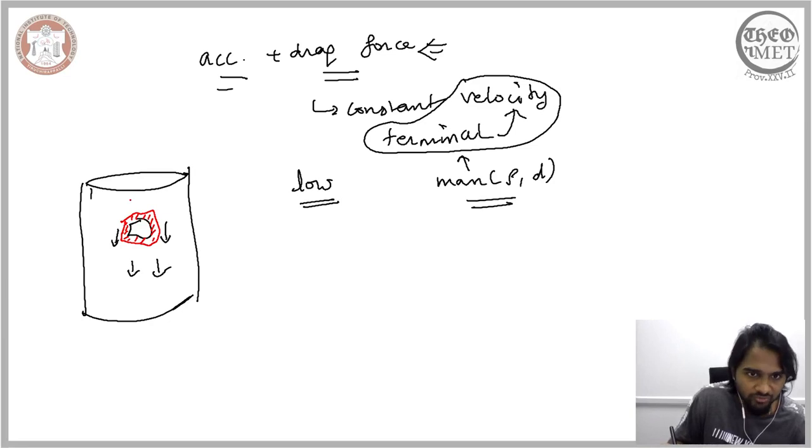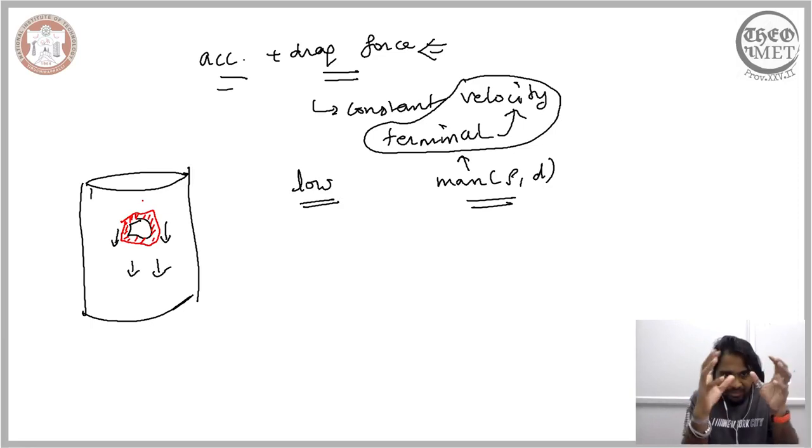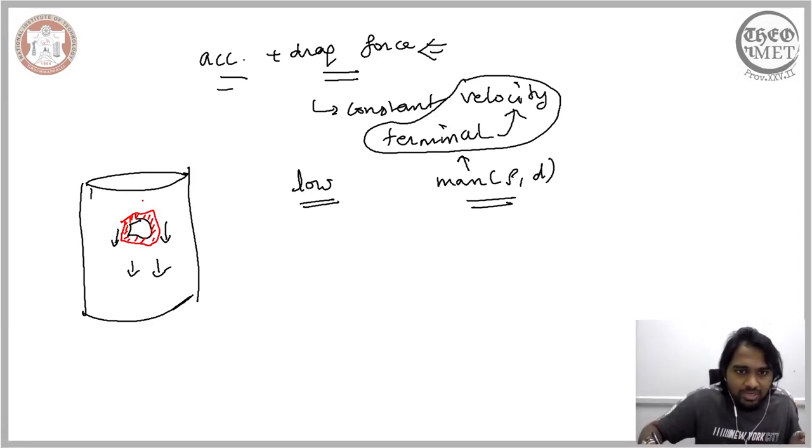Once you feed it in, there is a layer of this medium that surrounds this particle. Since the particle is progressing at a low velocity, this neighborhood of the medium will not change as the particle progresses.